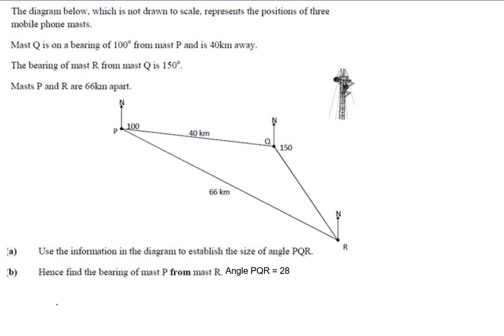The diagram below, which is not drawn to scale, represents the positions of 3 mobile phone masts. Okay, so again, let's just draw our souths. Okay, mast Q is on a bearing of 100 from mast P, so you know that bit is 100 there.